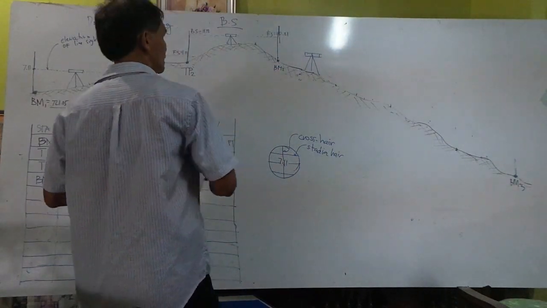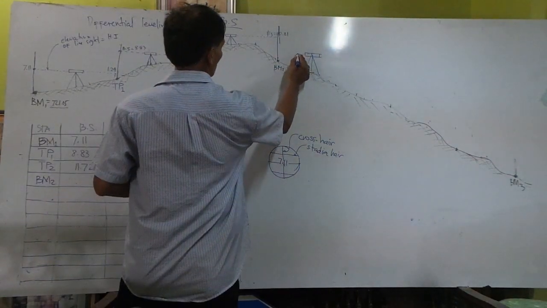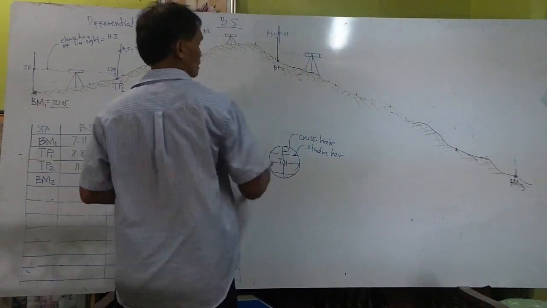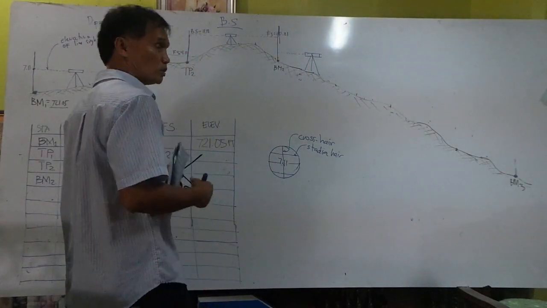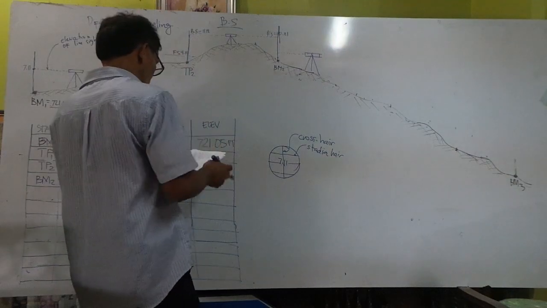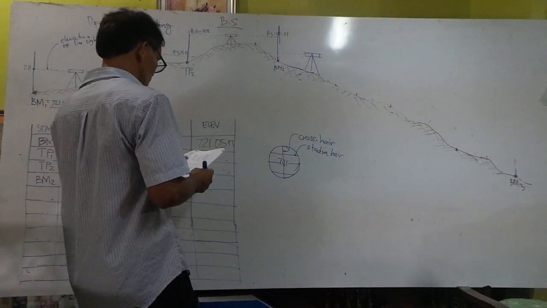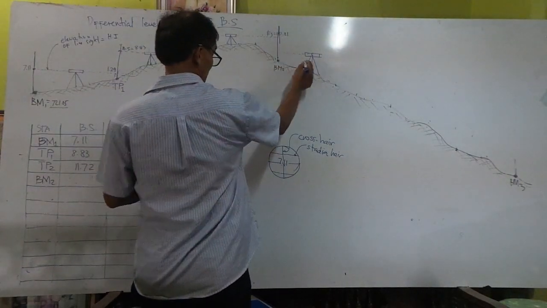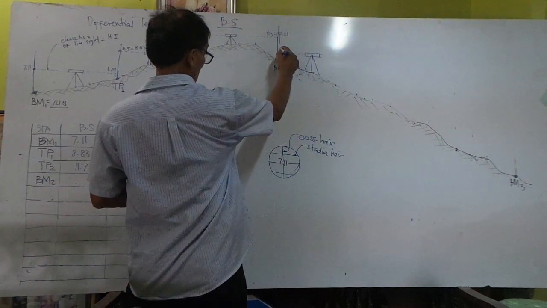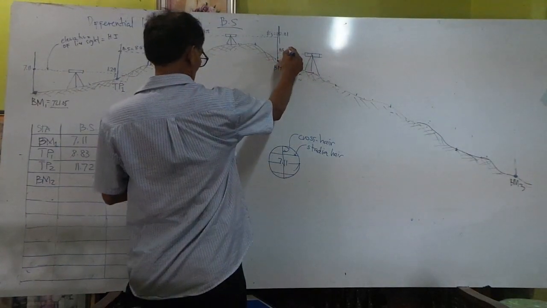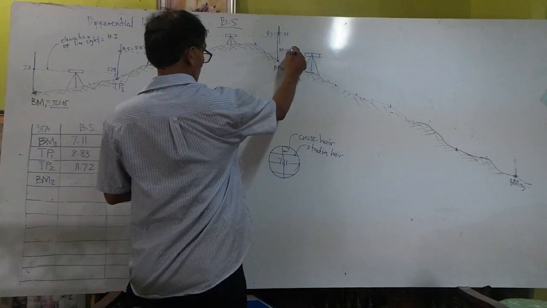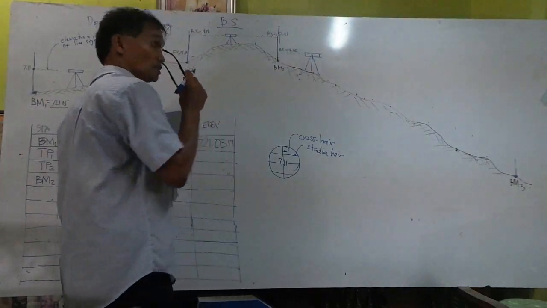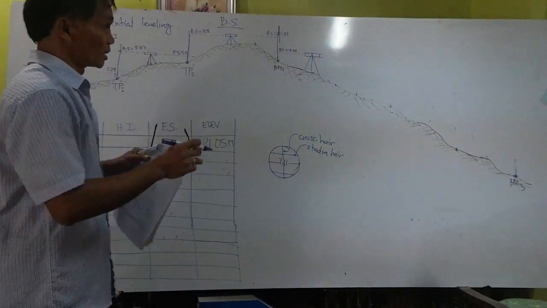Then, ang rod sa Bismarck 2. So, for example, ang reading nga ni backside, no? Backside, and reading is 4.32. Again, the same process.